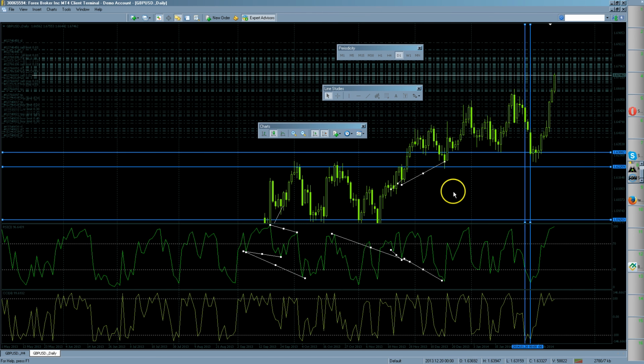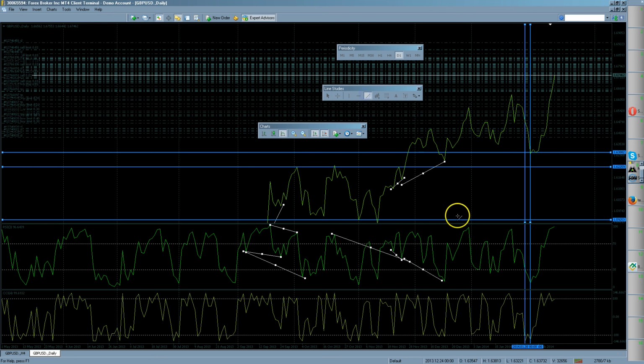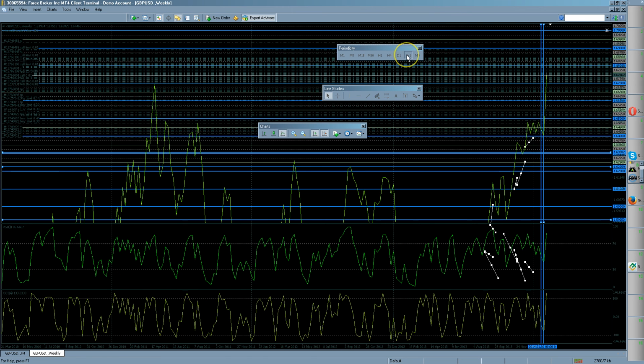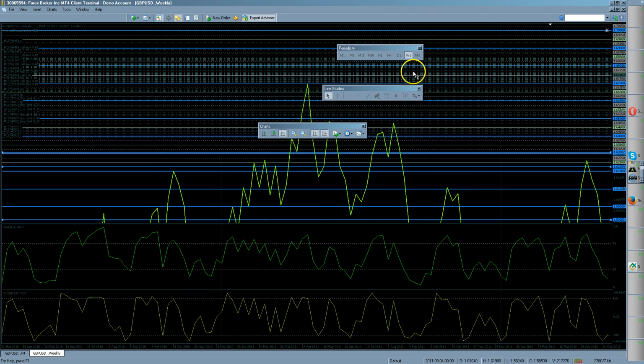It seemed to work here too. Here you got one off of here. Didn't bear too much fruit there. Finally kicked in here. So yes, if you go to the weekly, you can see that a lot cleaner, I think.